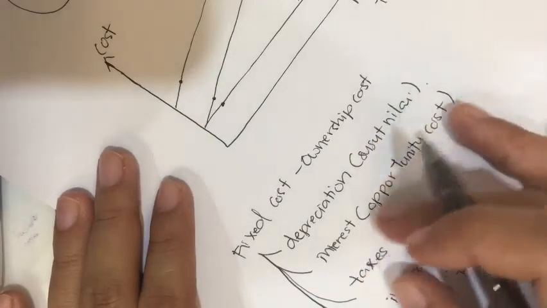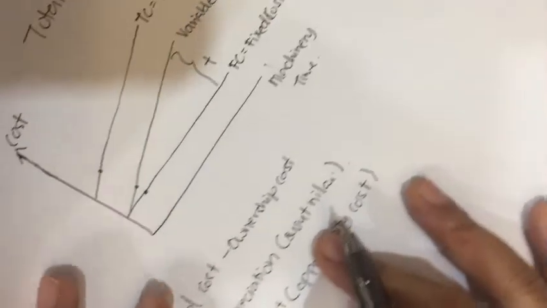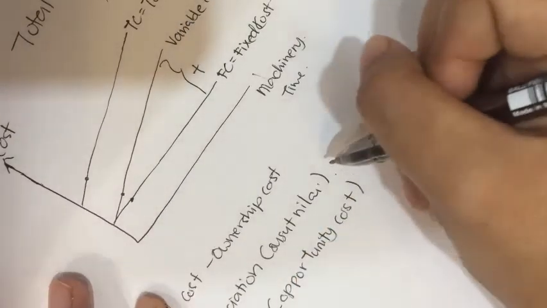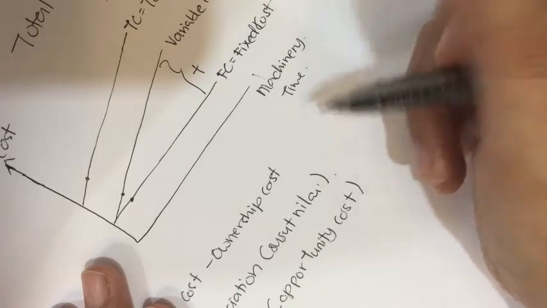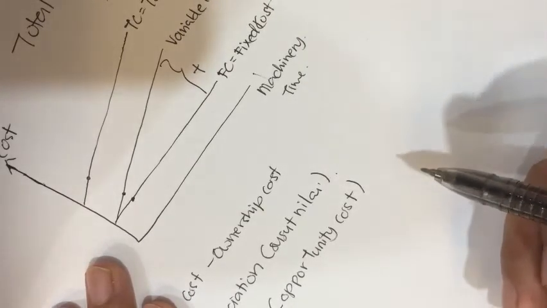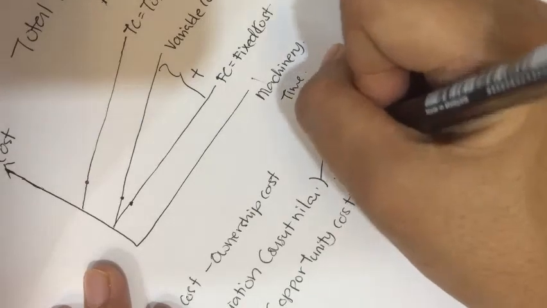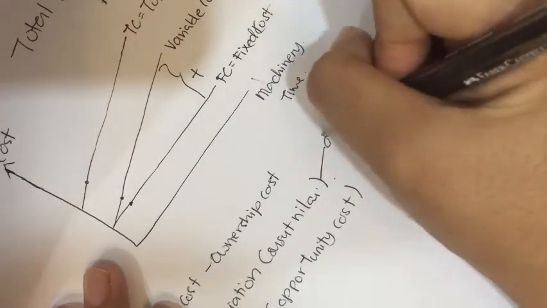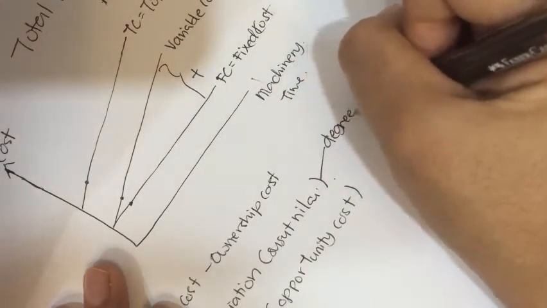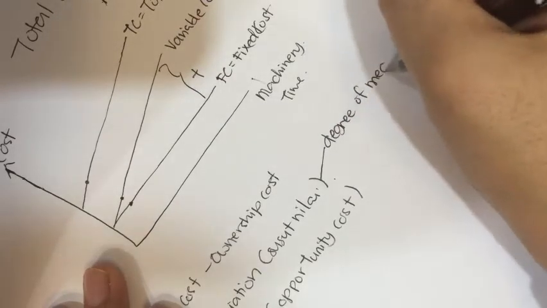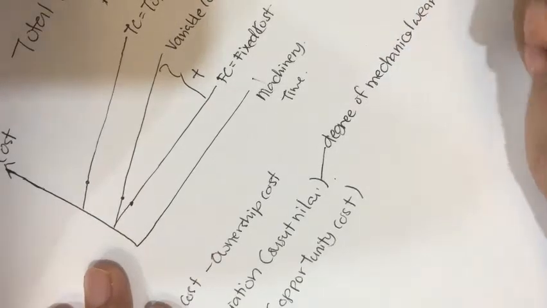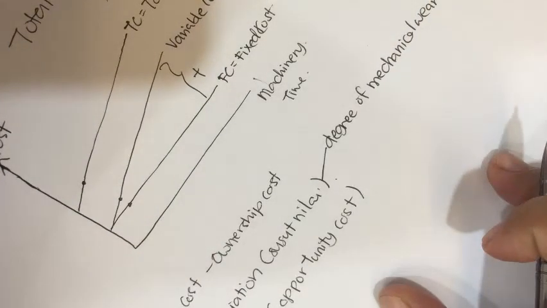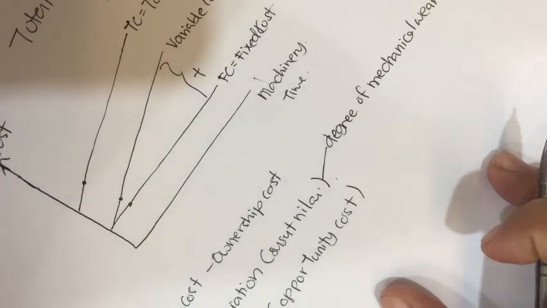Now we discuss depreciation. Depreciation is the cost resulting from wear, obsolescence, and age of the machine, and it depends on the degree of mechanical wear. The value of a particular machine can be somewhat above or below the average value for a similar machine when it is traded or sold.